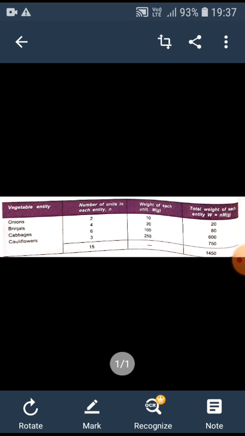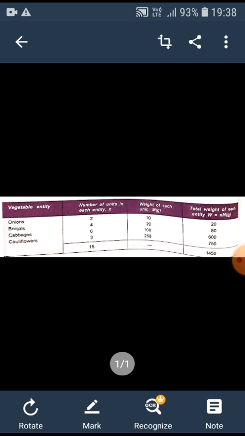So again, looking at the table, we see the total weight of all vegetables in the basket is 1450 grams. And again, if we consider onion, the weight of onions present in the basket is 20 grams. So the weight fraction of onion will be 20 divided by 1450.